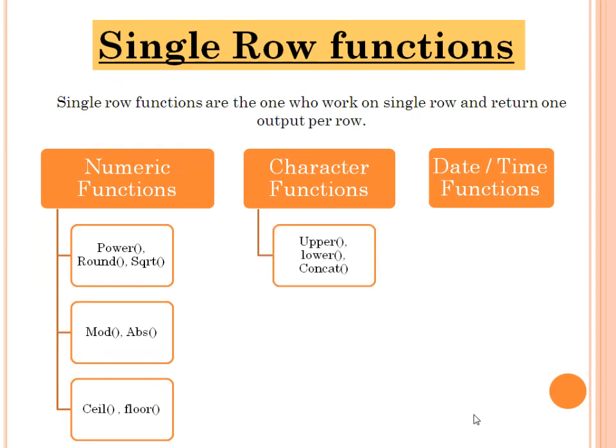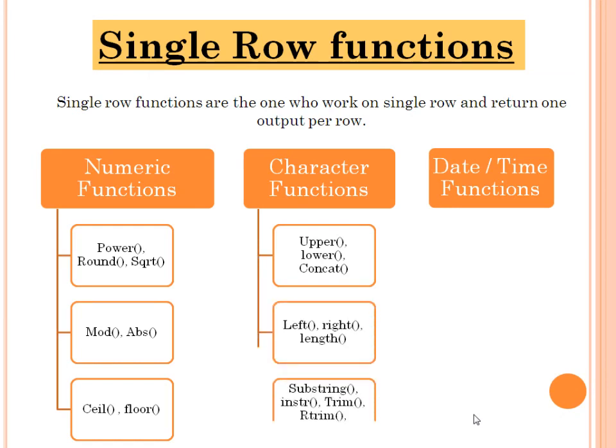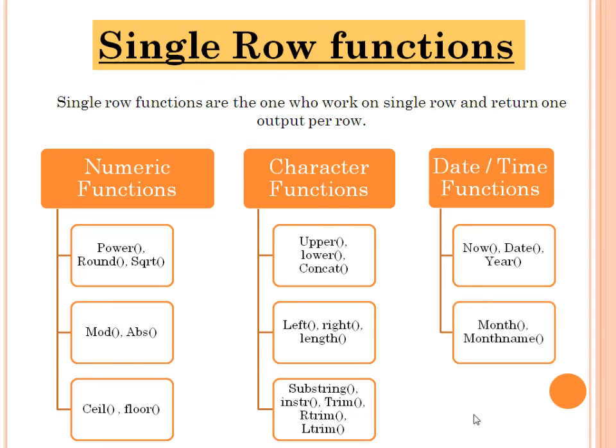Next are upper, lower, concat, left, right, len, substring, instr, trim, rtrim, ltrim. These are the character functions. Now, date, year, month name, day name, and time are the date and time functions.